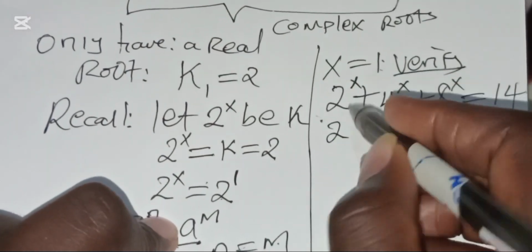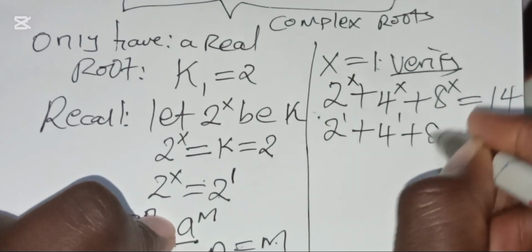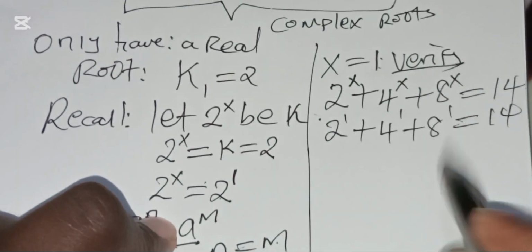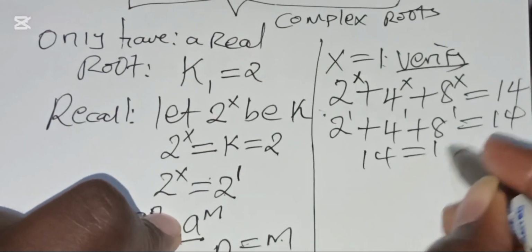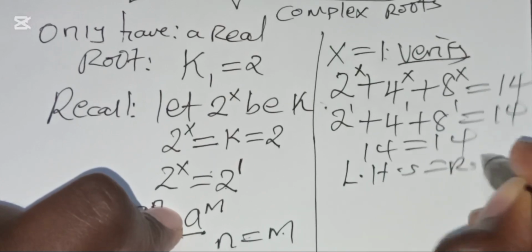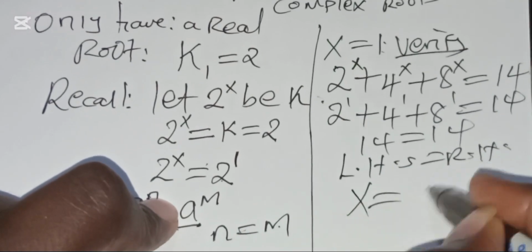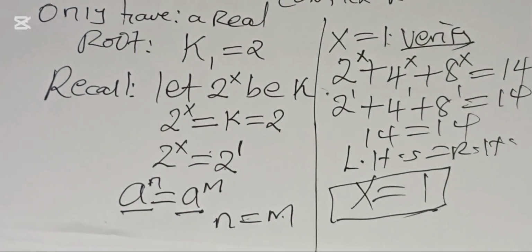We're going to have 2 raised to power 1 plus 4 raised to power 1 plus 8 raised to power 1, which is 2 plus 4 plus 8, which is 14. So the left-hand side is equal to the right-hand side, and that shows that the value of x, which is equal to 1, actually satisfies the equation and is the solution.